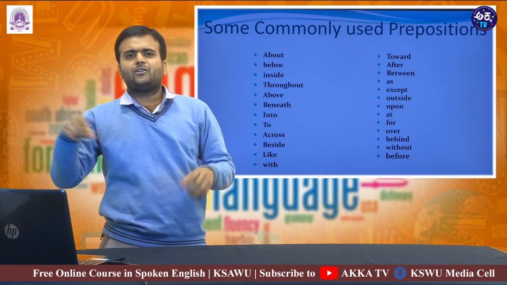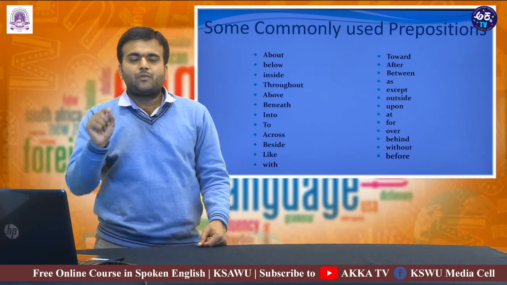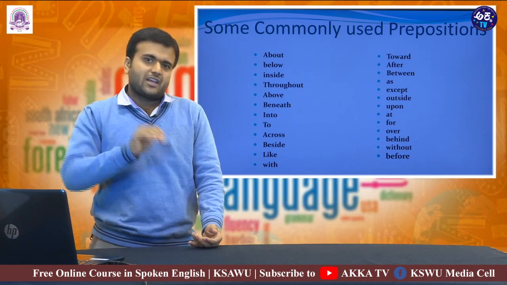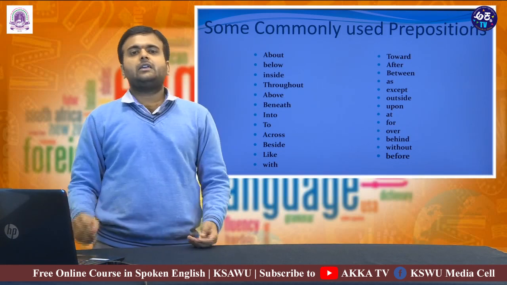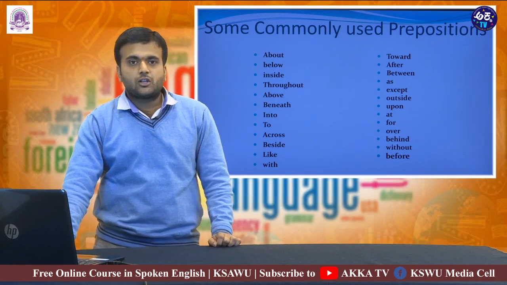So 429 or 384, there is some number. So they write BC, before Christ. So it tells about time also. Before and in front of, in these two meanings we use the preposition before.